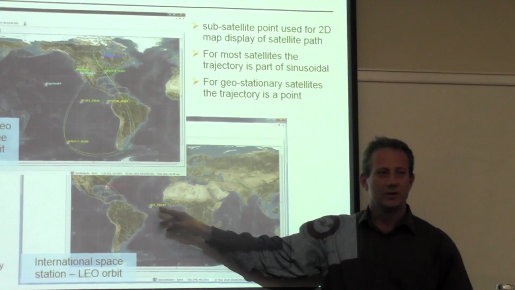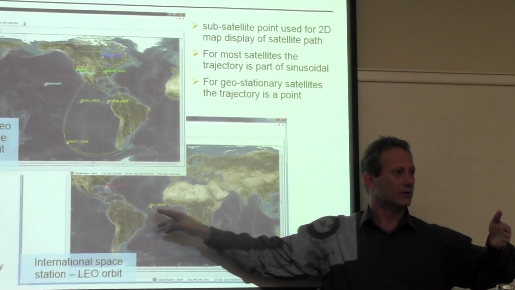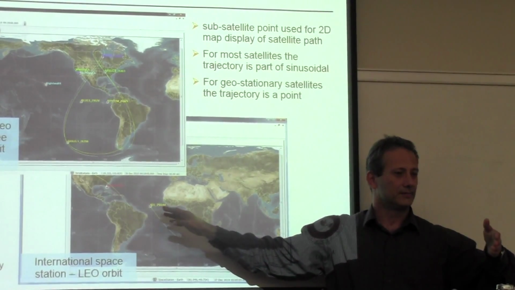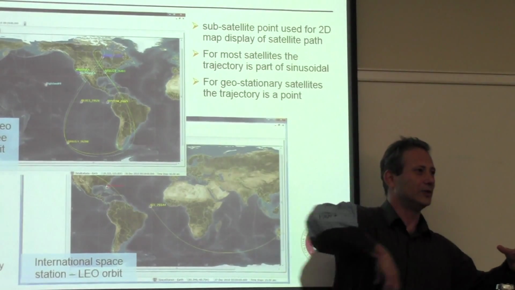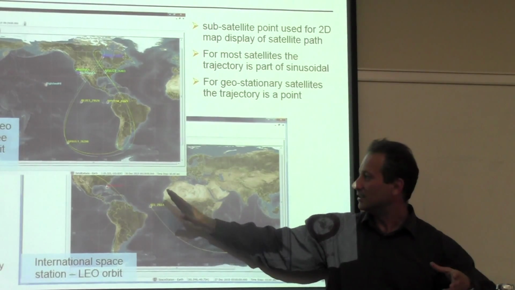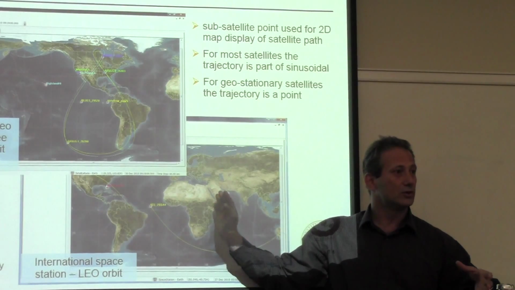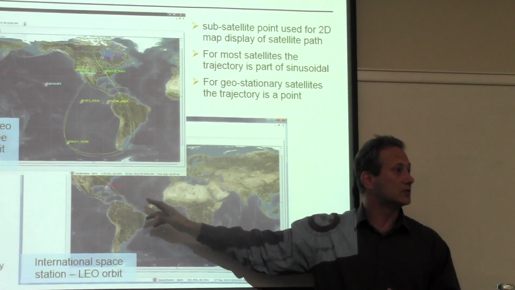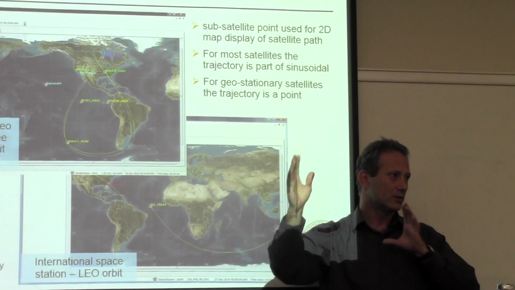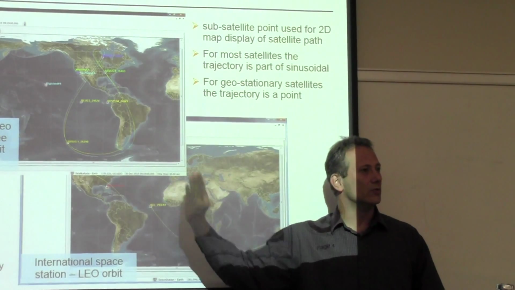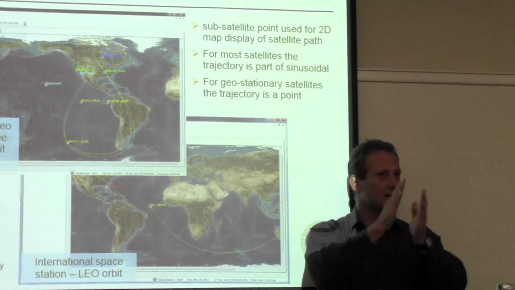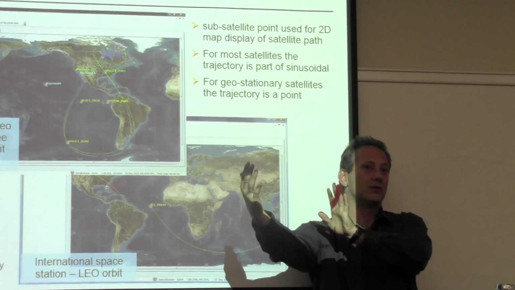And even though spatially it is, let's say, if the Earth were not to rotate around its axis, it would cross the same point. But because Earth rotates, it is always moving to the west, right? Because by the time it comes to the same point, Earth has already rotated.